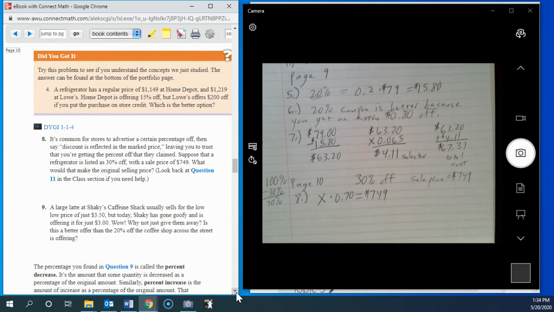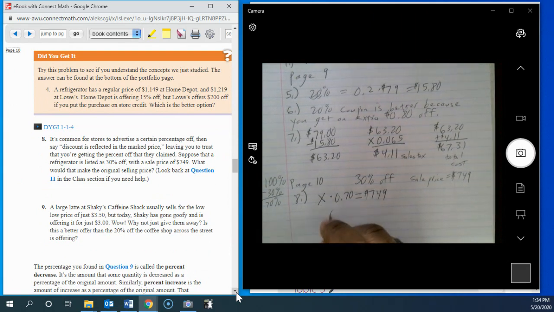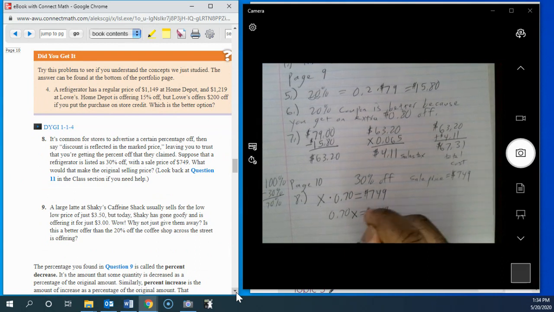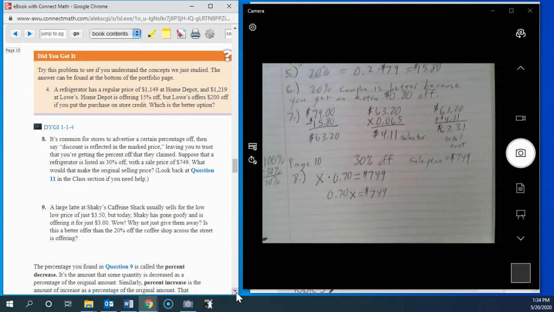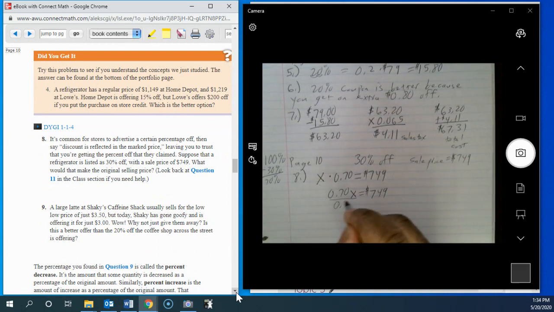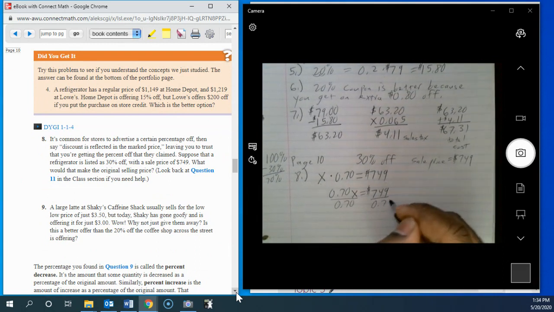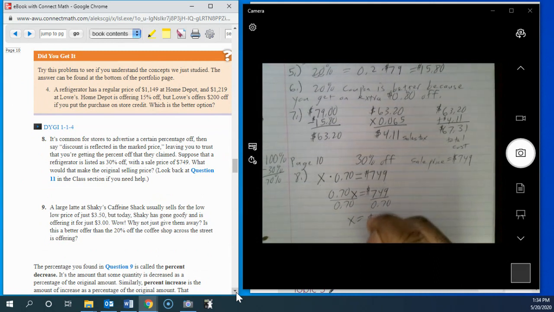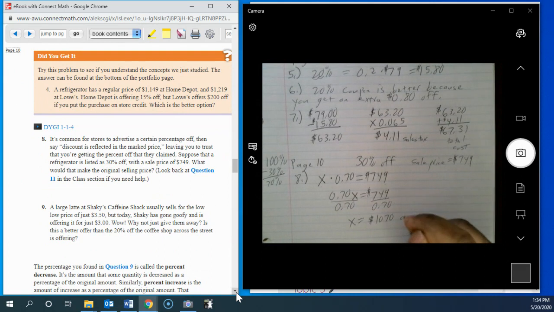They did not ask us what the discount is. They're asking us to find out what the original price is, so it's a different process. When we multiply this, it'll give us 0.70x is equal to $749. We divide each side by 0.70, and x is equal to $1,070. That is the original price.